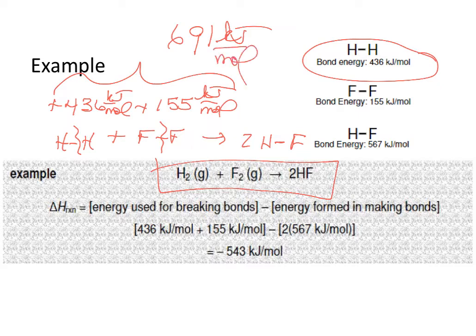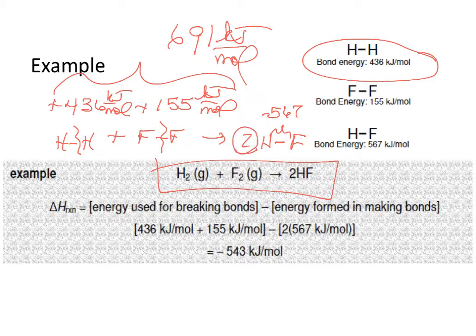And so now we're going to look at bond making. So the only bond we've made is the hydrogen-fluorine bond. Making any bond is an exothermic process, and we designate exothermic processes with a negative sign. Now you have to pay attention to the coefficients in the balanced reaction.